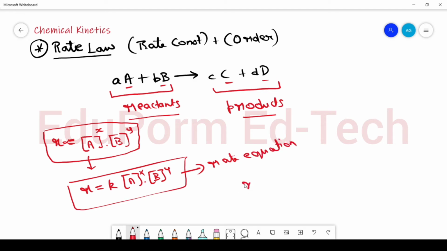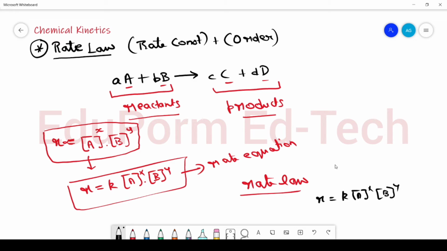And the rate law states that the rate of reaction is expressed in terms of concentration of reactants only, raised to some power which may or may not be equal to their stoichiometric coefficient.